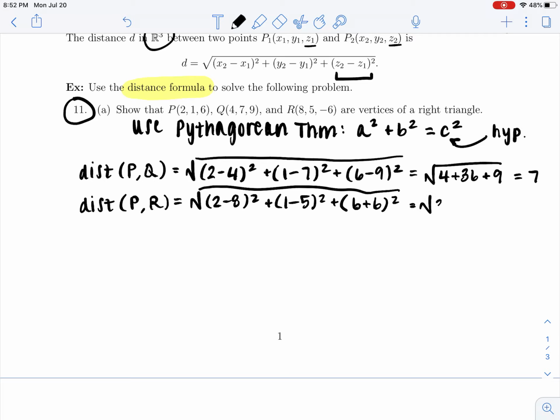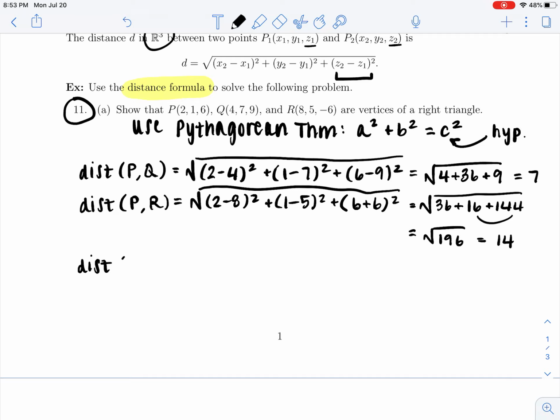And so we have the square root of 36 plus 16, and 12 squared is 144. So 16 plus 144 gives us 160, plus 36 is going to be the square root of 196, and that is a perfect square that's equal to 14.